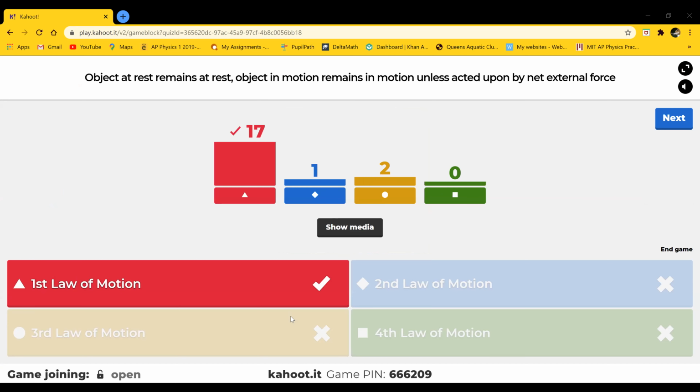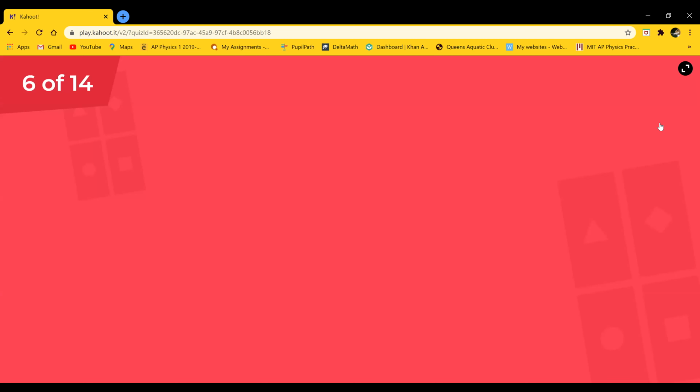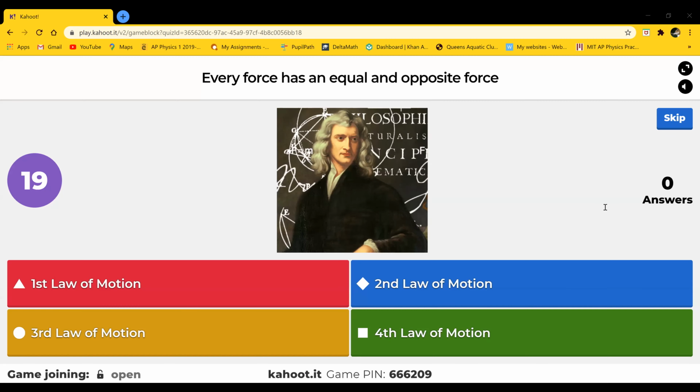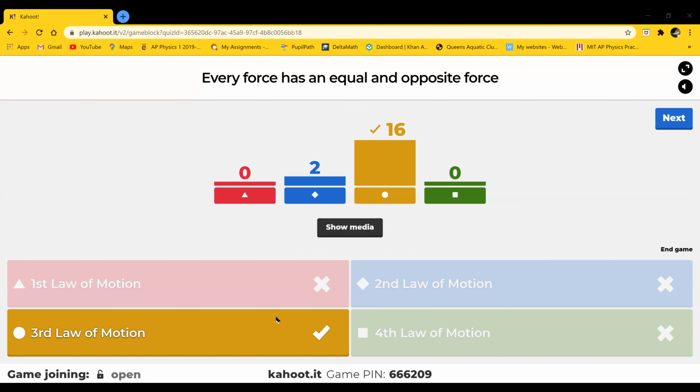Okay, at least no one put fourth law of motion, because there really is no fourth law of motion. Okay, great.